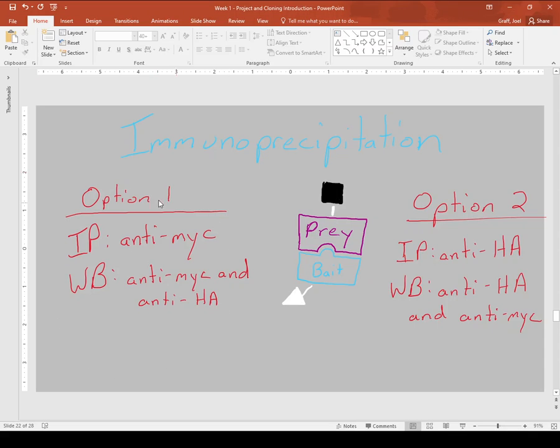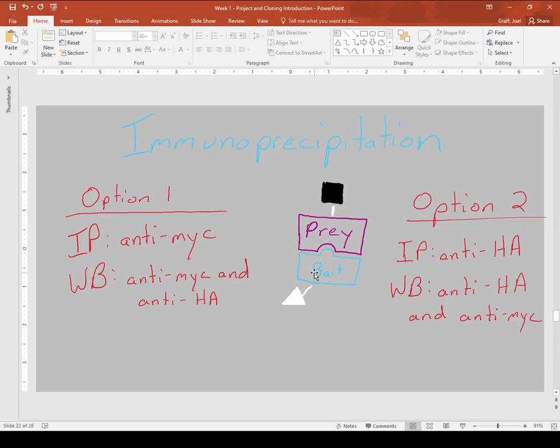I wrote out that we have two options for doing an immunoprecipitation, and we probably will want to try it both ways when we're trying to prove that the prey protein and the bait protein interact. Under option 1, we will immunoprecipitate using an anti-MYC tag. That was this white triangle here. So we will grab onto this MYC tag with an antibody, pull this out of solution, which will pull the bait out of solution.